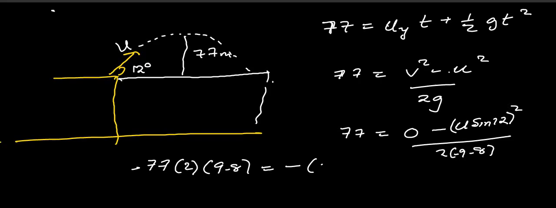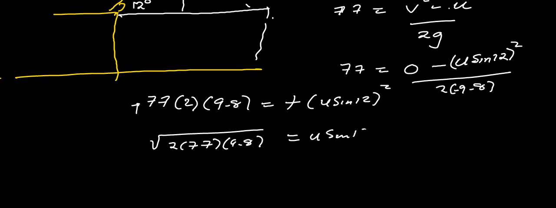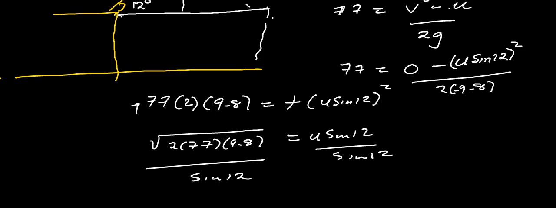Then this is a negative, and we have u sine 12 squared. The negatives can go, then we simply square root this side, so the square root of 2 times 77 times 9.8 is equal to u sine 12 degrees. So we can get the velocity directly from here by dividing by sine 12.